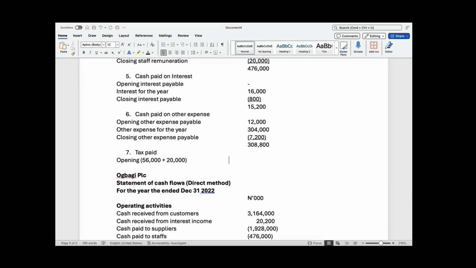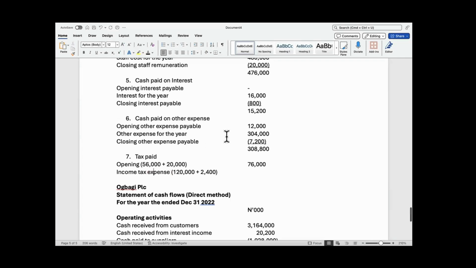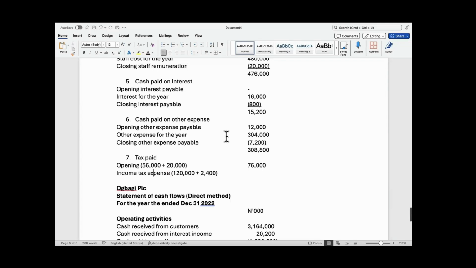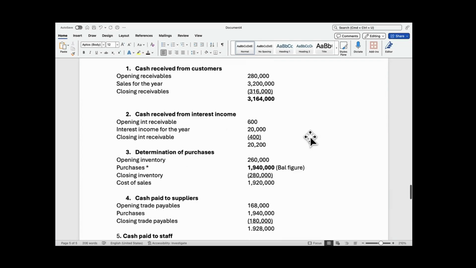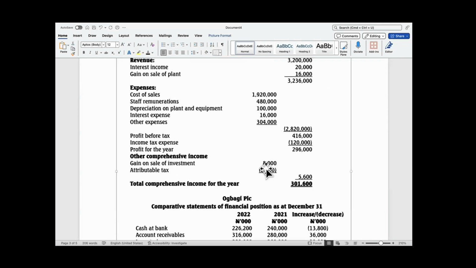So income tax expense, that's that 120,000 plus the 24. Let me show you how I got that. You should know that from P&L, the income tax 120, and the tax on this gain on sale of investments in other income 24. So 120 plus 24 will give me 144... 122,400. Am I correct? Yes.